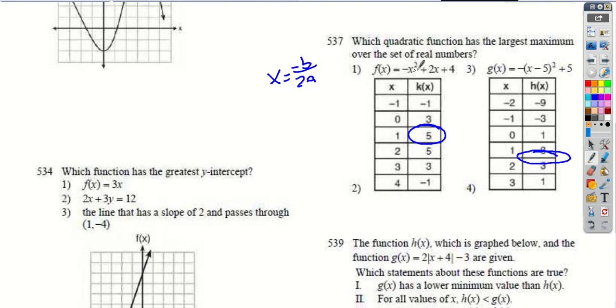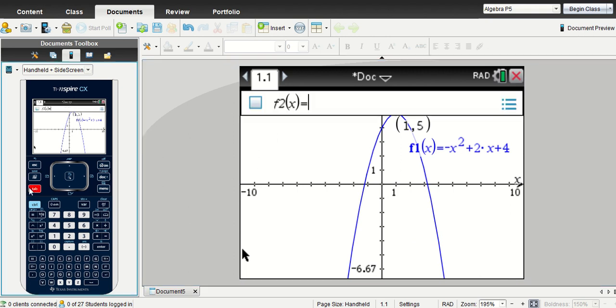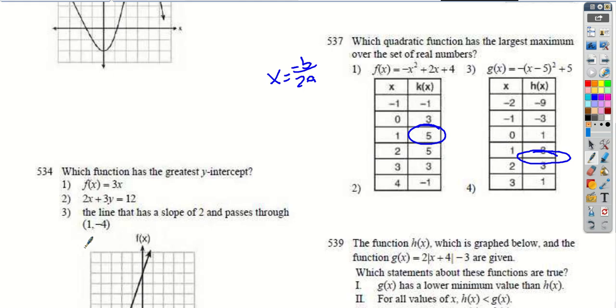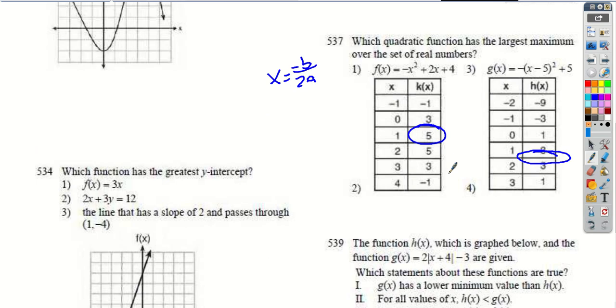So these have the same maximum here, all right, and if we check the other one, let's just do another graph, so we'll do tab, and that's -(x - 5) squared, and then plus 5. Ooh, same thing, okay?